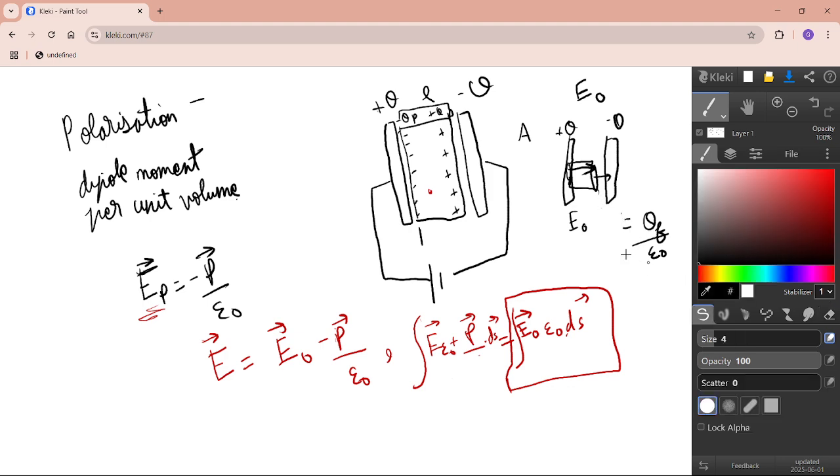Let's not take pi r square, because the charge will be limited to some circle.